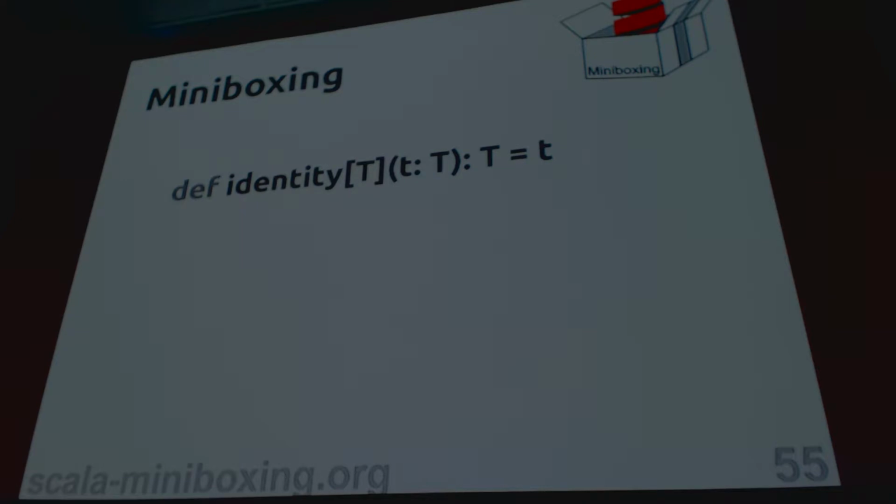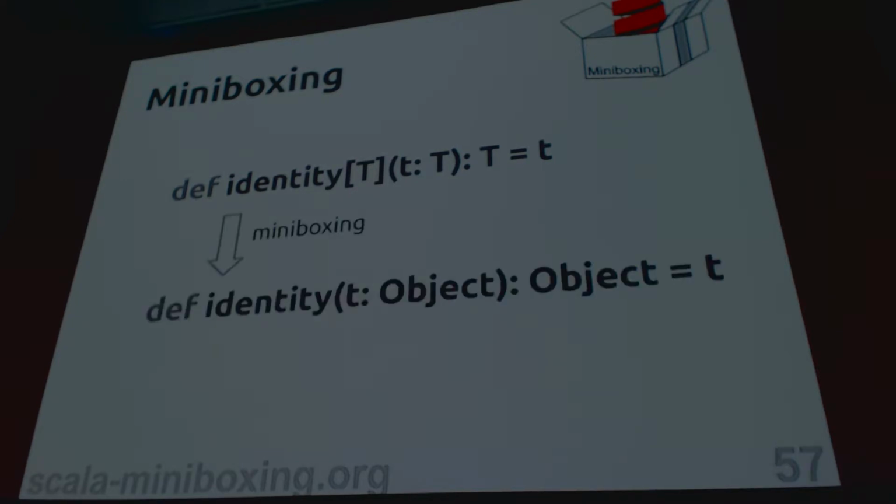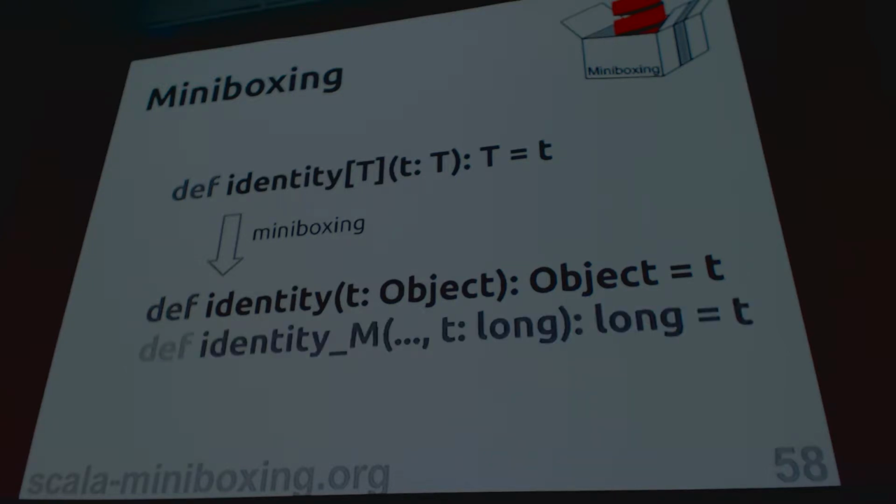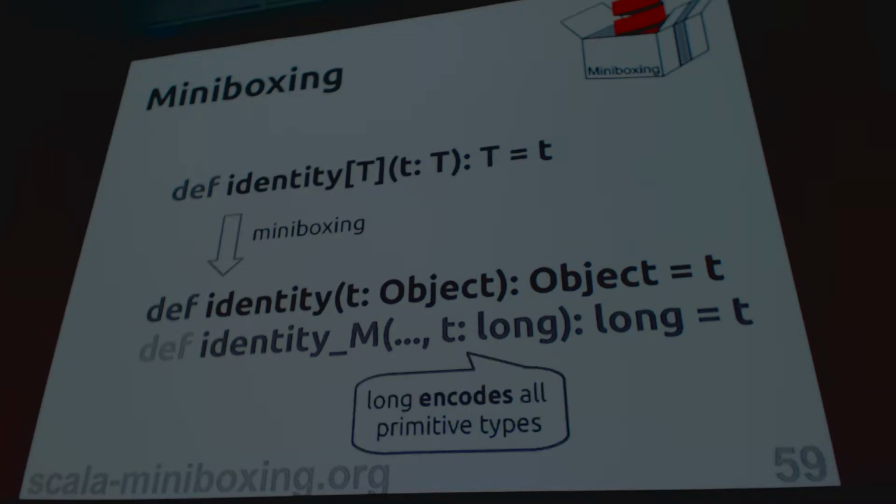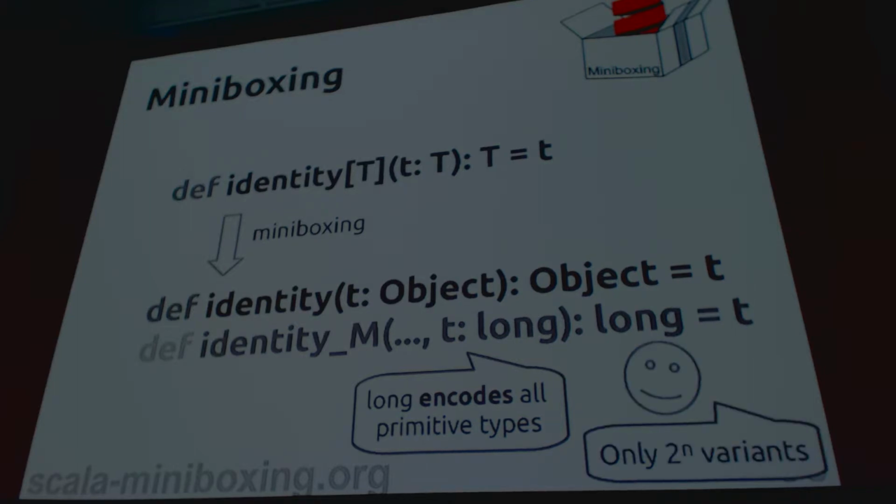Well, Miniboxing takes a different approach to specialization. Instead of having 10 versions of the code, you still have one that's erased, that's used for objects, and the other one uses a long and encompasses all the primitive types. So there's no need to actually have 10 versions. And when you have n type parameters, you get 2 to the power of n methods or classes.